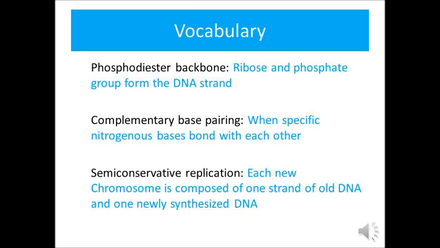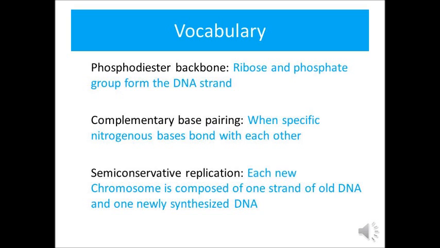Again, the most common hypothesis to date is semi-conservative replication, where each new chromosome is composed of one strand of old DNA and one newly synthesized strand. Conservative replication is a completely new chromosome. Dispersive replication is new and old sections of DNA mixed randomly.